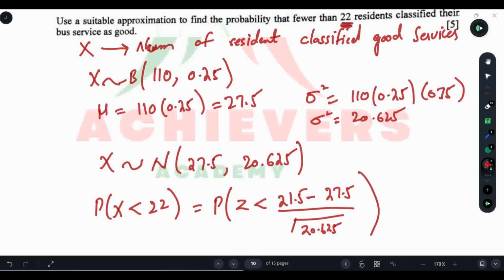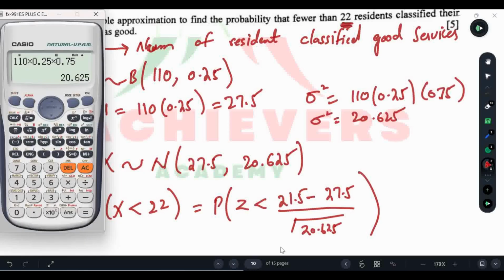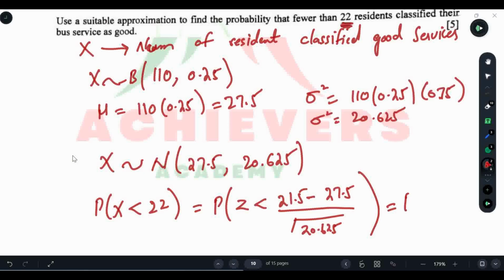If we calculate it, let me check it over here: (21.5 minus 27.5) divided by the square root of 20.625 equals minus 1.321. So this is the probability of z less than minus 1.321.